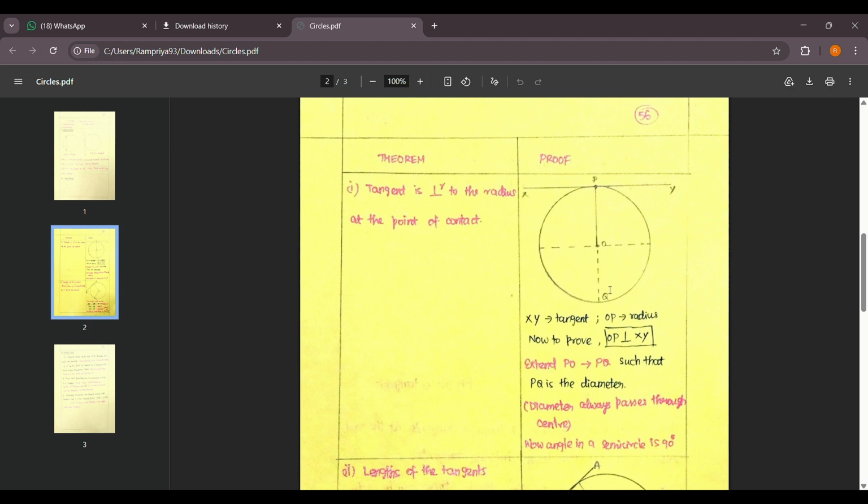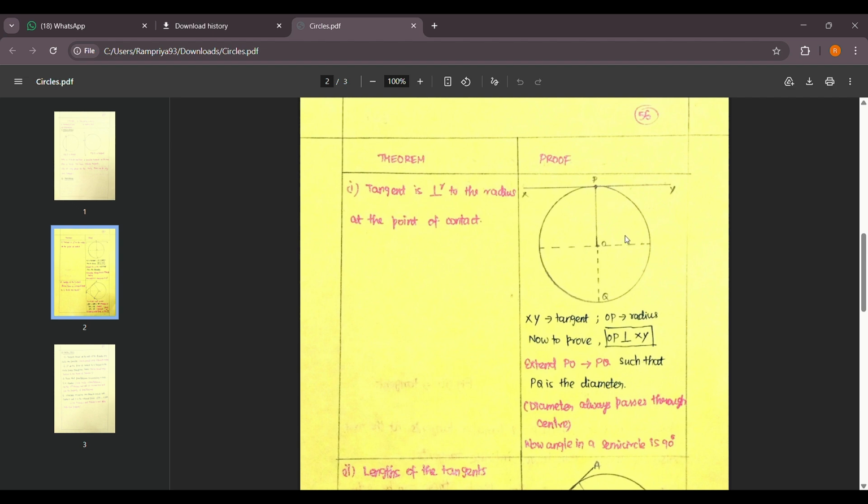So see here, extend OP. This is an extended line, which is why I have drawn this dotted line to make you understand better. Extend PO to OQ such that PQ is the diameter. Now you can see that PQ is the diameter because a diameter should always pass through the center of the circle. O here is the center. You can draw another horizontal line over here, so that the upper part is a semicircle.